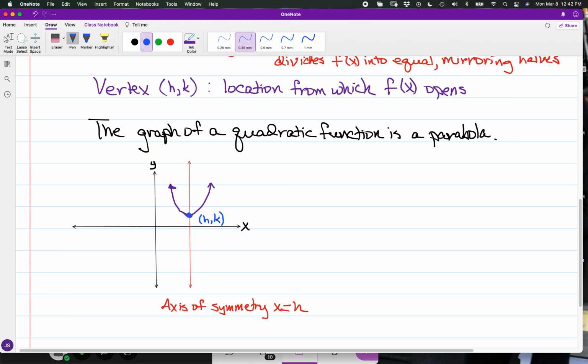So we have this case, right? This point (h, k) is the vertex.